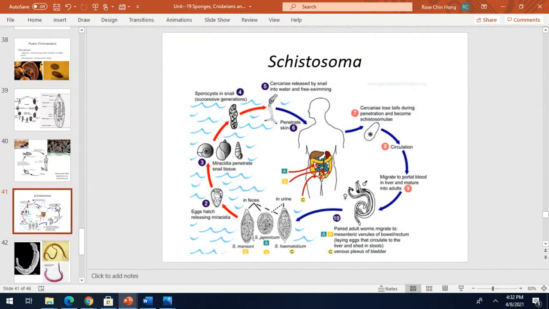Now we have a different fluke here, Schistosoma. But let me come back here to see, I believe the previous one is hermaphroditic, but this one here is going to be, I'm coming back to it, all right? So bear with me here.